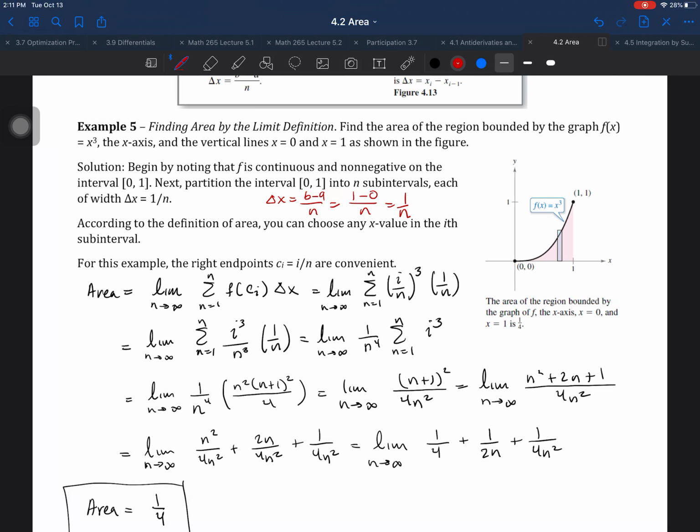Now the goal is to find the area under the curve. We have a choice to use m_i equals a plus (i minus 1) delta x, or a plus i times delta x.